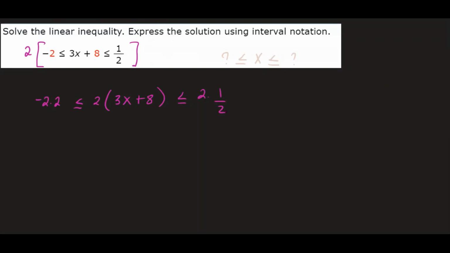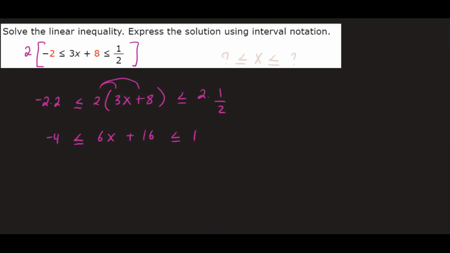So I multiplied the entire inequality by 2 so I can get rid of that 1/2. Now if I proceed to multiplication, I have negative 4 on the left less than or equal to, I'm going to distribute 2, so that's 6x plus 16 less than or equal to 1.